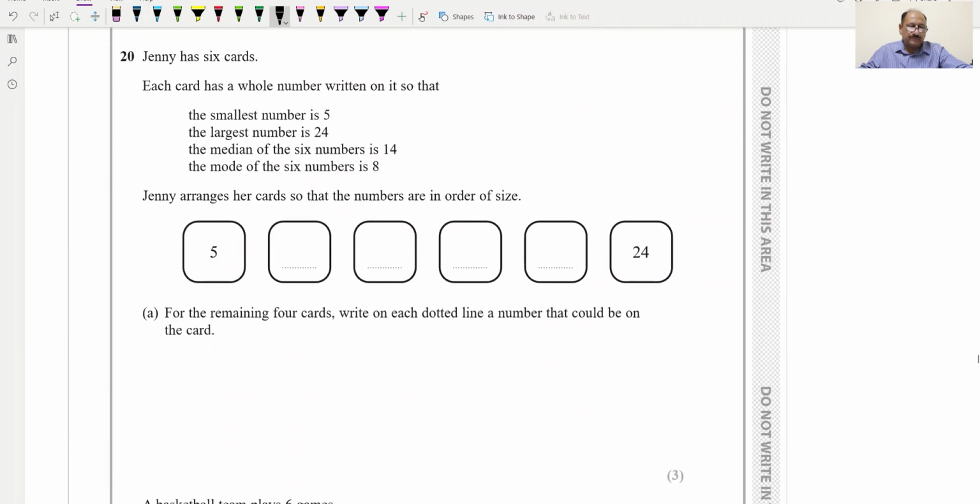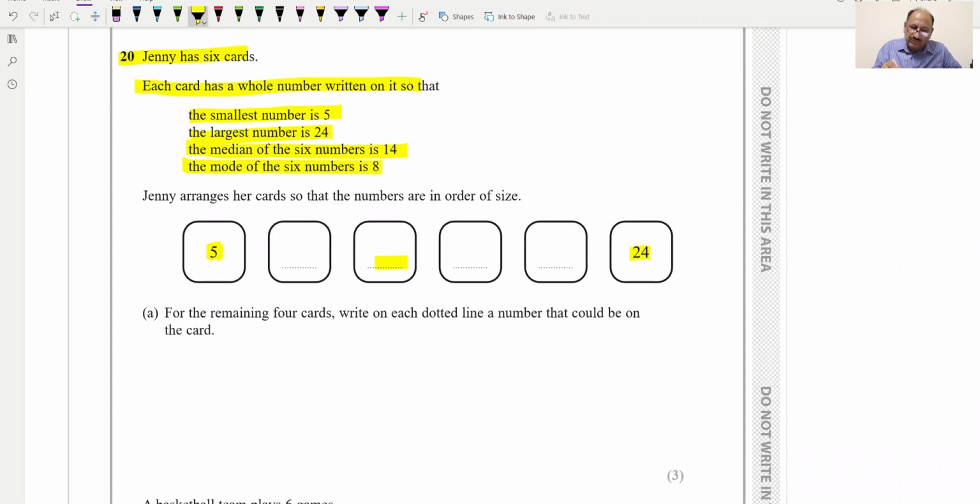This is done. Question number 20. Jenny has 6 cards. Each card has a whole number written on it, so that the smallest card is 5, the largest is 24, the median of the 6 numbers is 14, and the mode of the 6 numbers is 8.